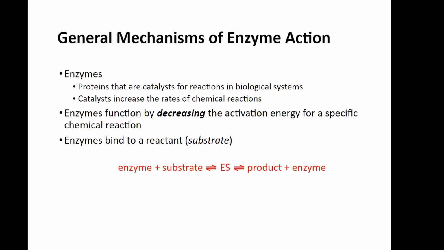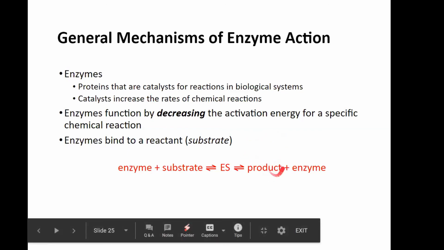And which direction it works is going to be partially dependent on the concentration of that substrate and the concentration of the product. The law of mass action basically says it's going to go in the direction where we have a lot of something, and then we're going to make whatever we have less of.